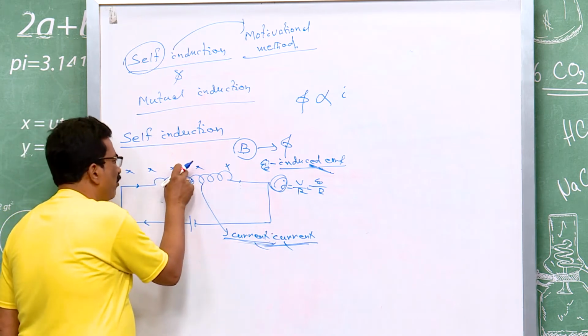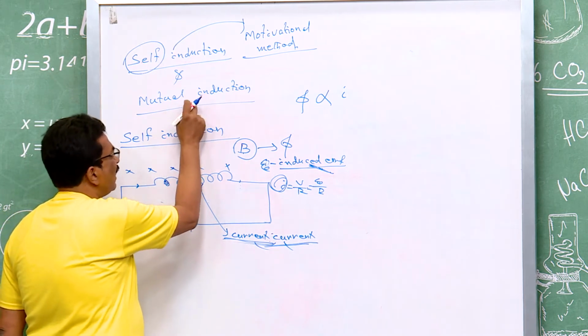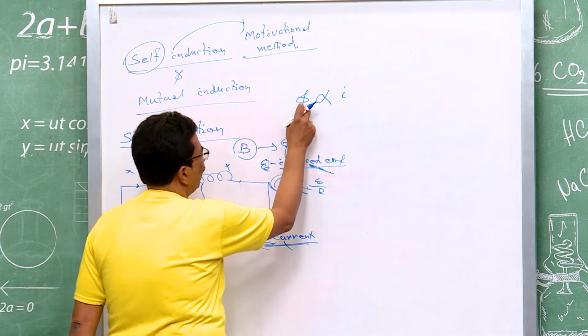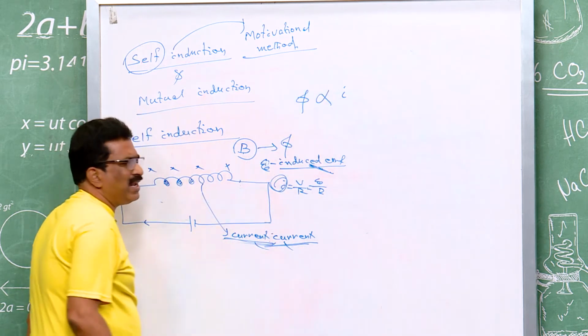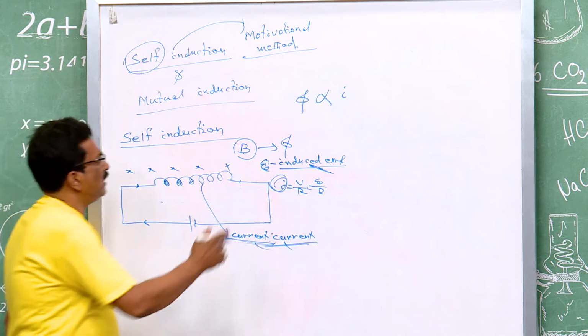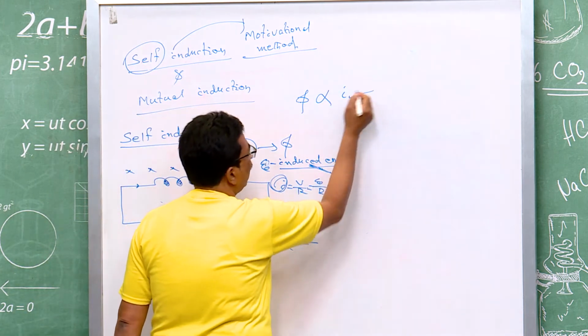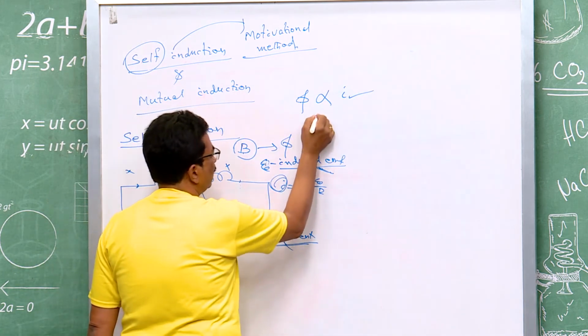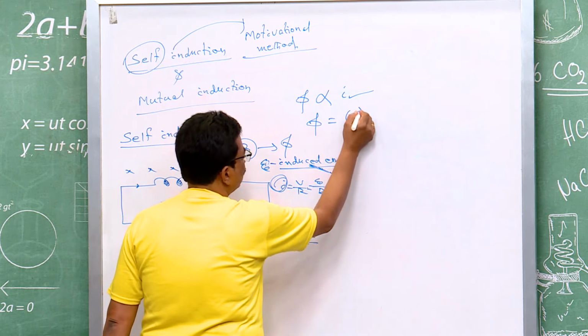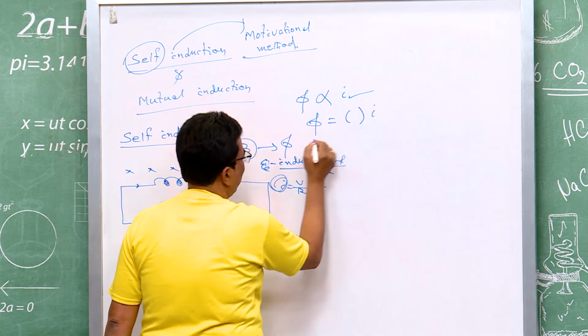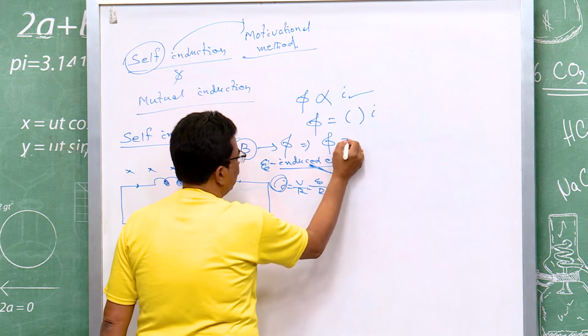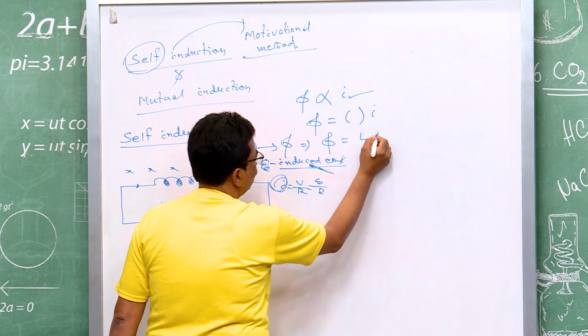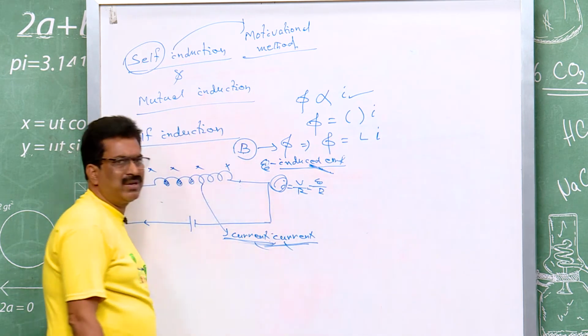Within the same conductor, if there is a change in its magnetic flux, there is a change in its current. So phi is proportional to I, that is, phi is some constant times I.